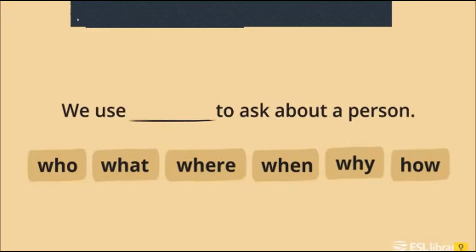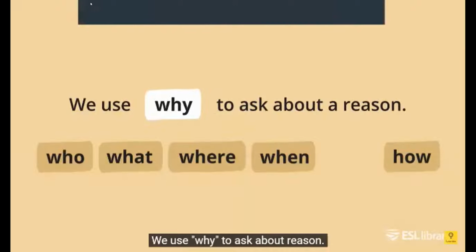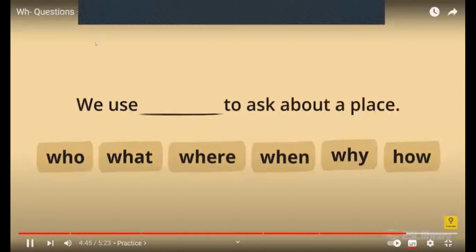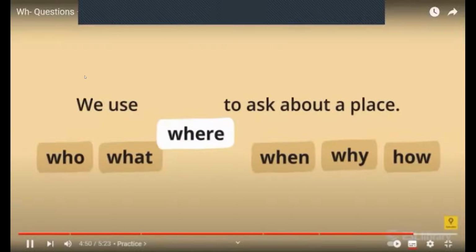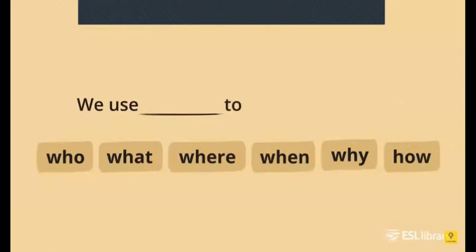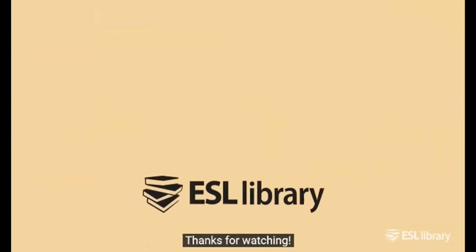Why? Okay. We use why to ask about a reason. Who is for a person. Where? We use where to ask about a place. About a thing, I think. What? Okay. We use what to ask about a thing. Okay. Thanks for watching.